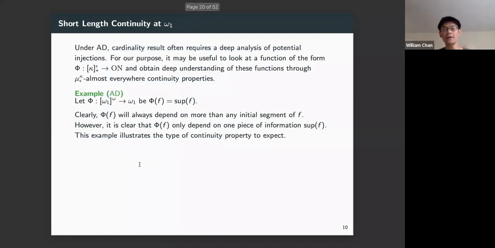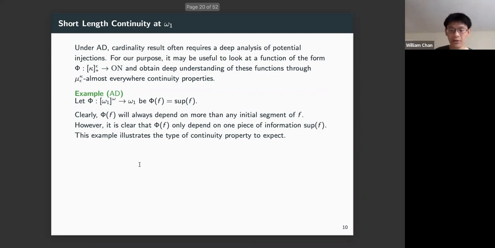Under AD, often to get cardinality results, we need to basically understand all potential injections between the relevant sets. So for the purpose of studying the cardinality of these partition spaces, it's useful to understand functions from kappa to the epsilon into the ordinals through certain continuity properties that hold almost everywhere with respect to these partition measures.